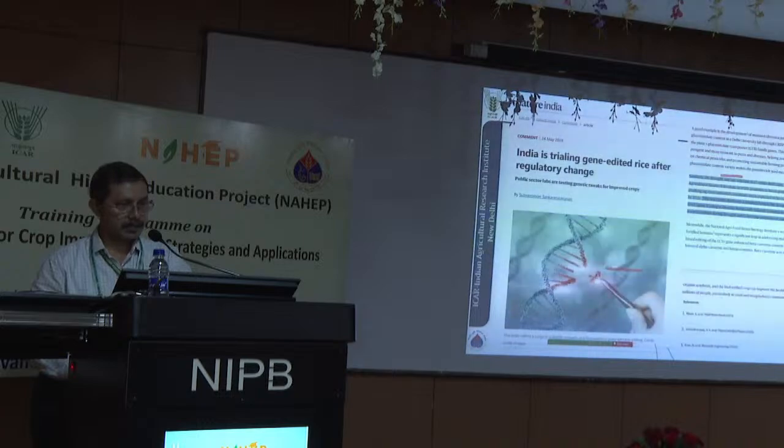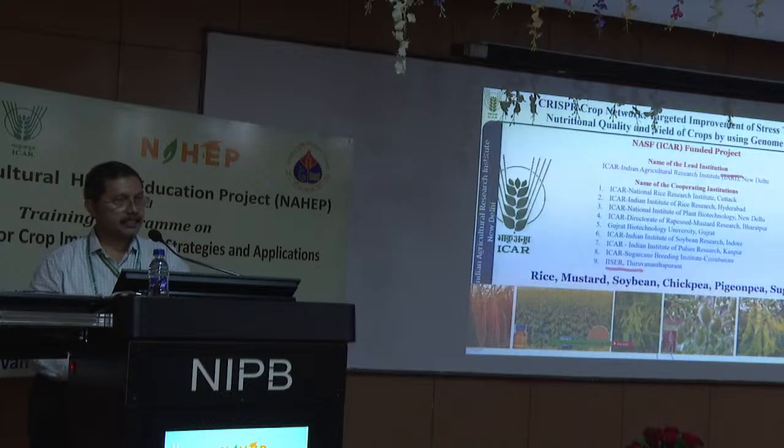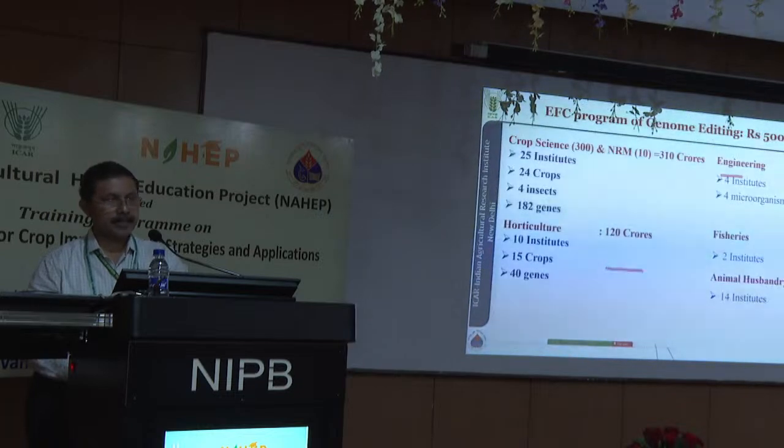These are already noted by leading journals. Currently we are working on other projects such as the NAHEP funded project on genome editing in different crops: rice, mustard, soybean, chickpea, pigeon pea, and sugarcane. And recently, as told by our Deputy Director General, it is about a 500 crore project.